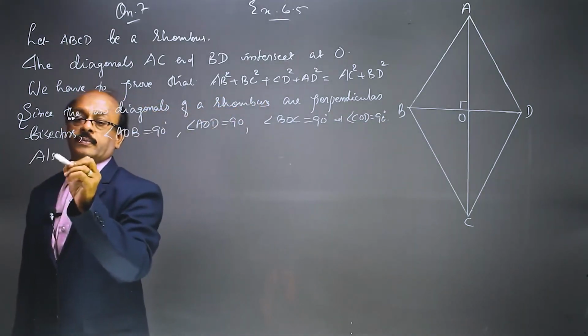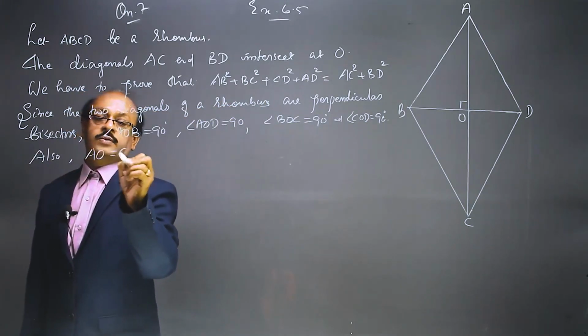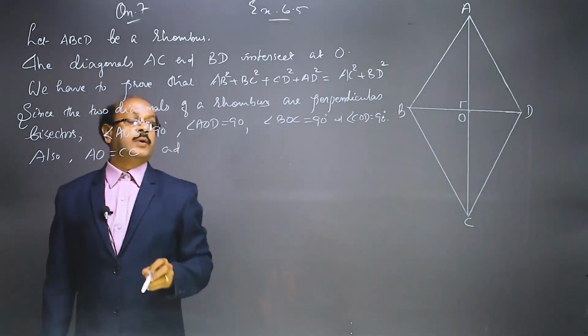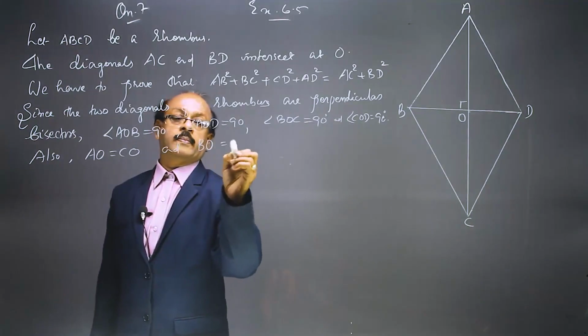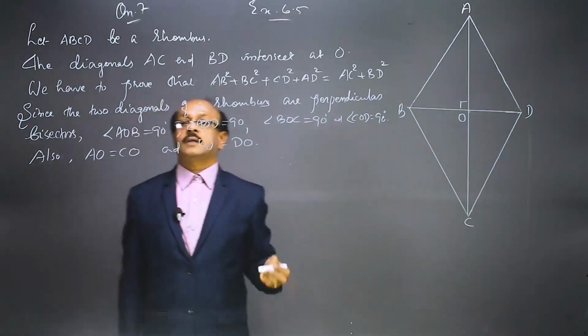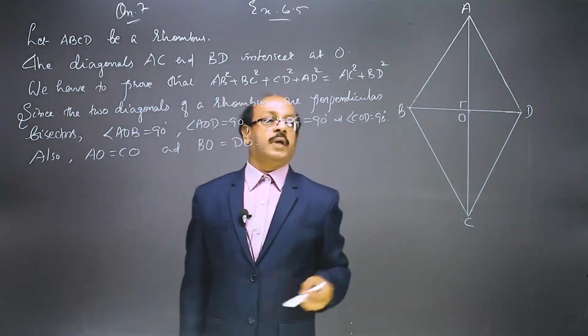Also, AO is equal to CO and BO is equal to DO. These are the things we have to remember while doing this problem.